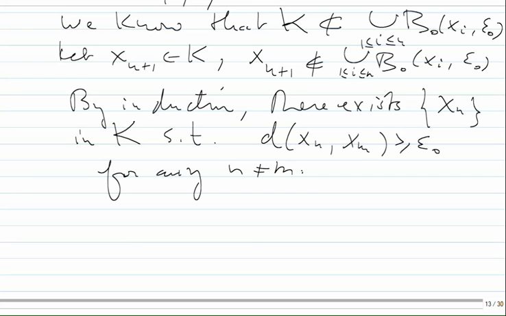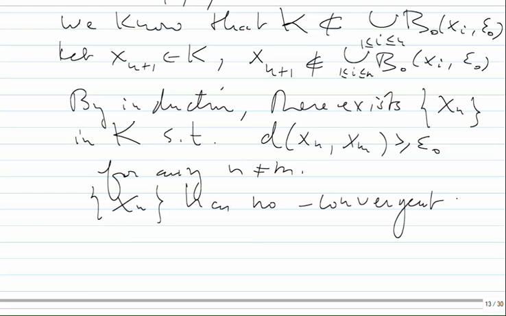So this is what we call an epsilon 0 separated sequence. There is no doubt that if we take any subsequence of this sequence, it will still be epsilon 0 separated, and therefore, and this is one of the properties of epsilon separated sequences, xn has no convergent subsequence.